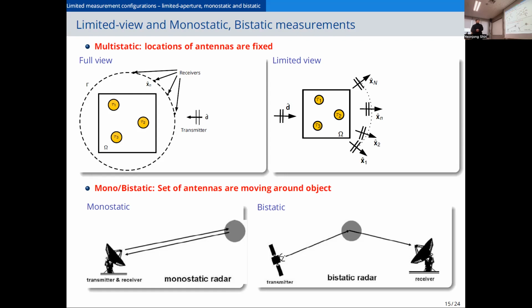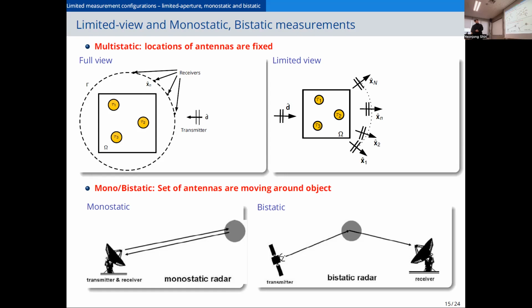And monostatic and bistatic is where the set of antennas move around the object. In monostatic, the transmitter antenna and receiver antenna are located at the same position, and the transmitter emits some incident field and we observe at the same position.